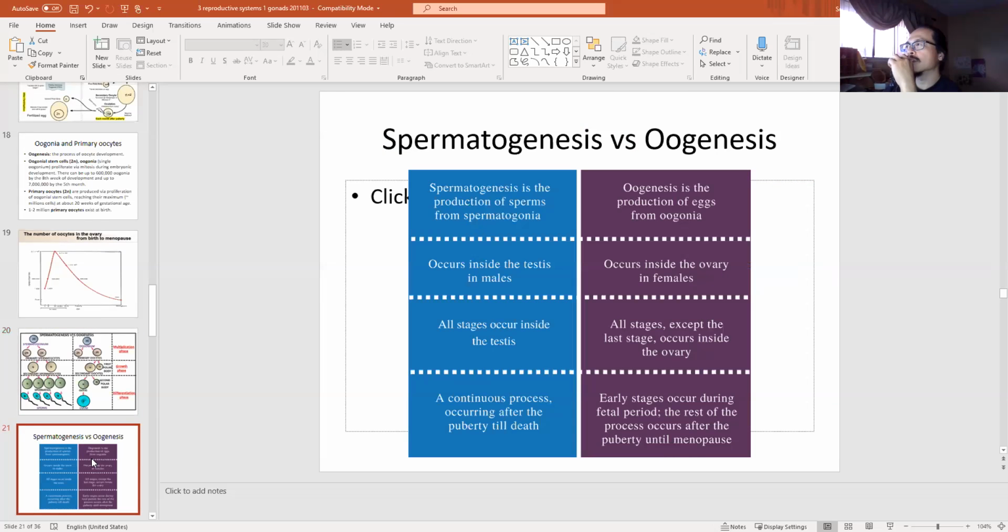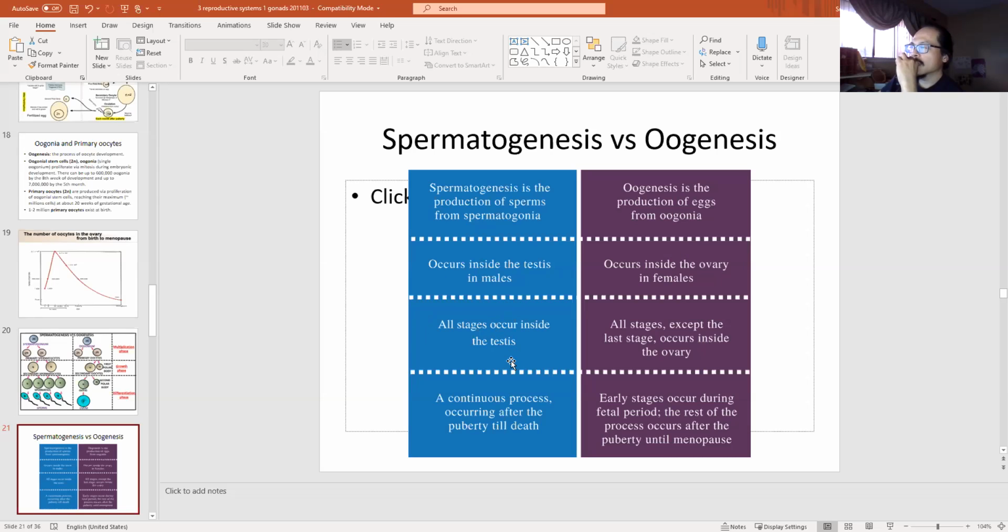This gives you some comparison of spermatogenesis and oogenesis. Spermatogenesis is the production of sperm from the spermatogonia. Oogenesis is the process of producing oocytes from the oogonia. This one occurs in the testis. This one occurs in the ovary.